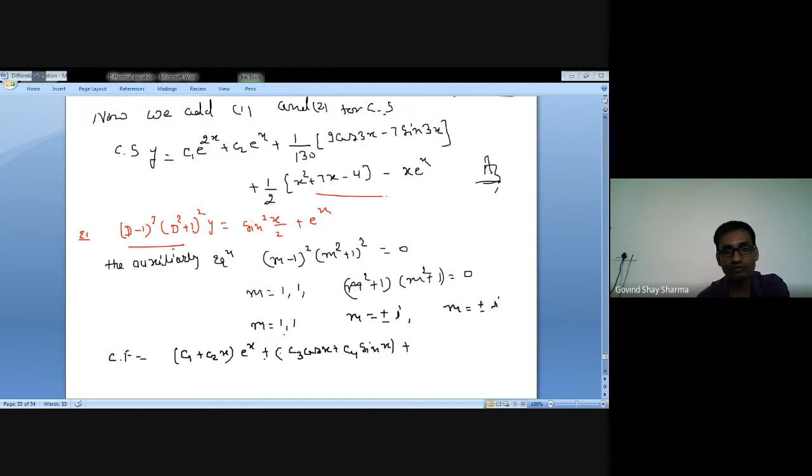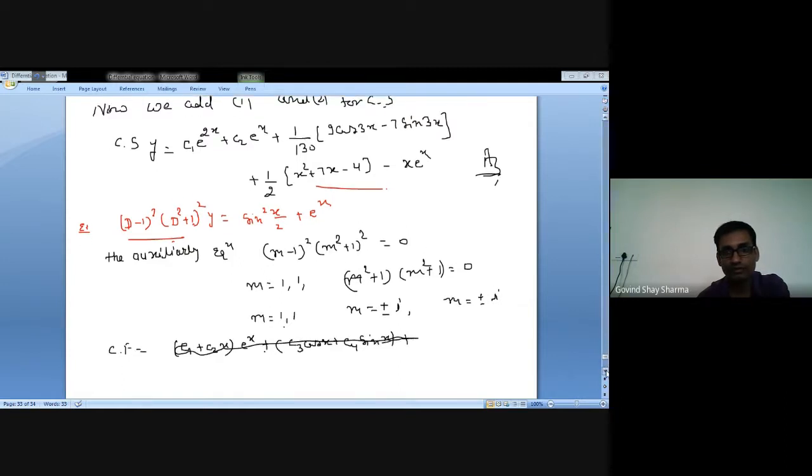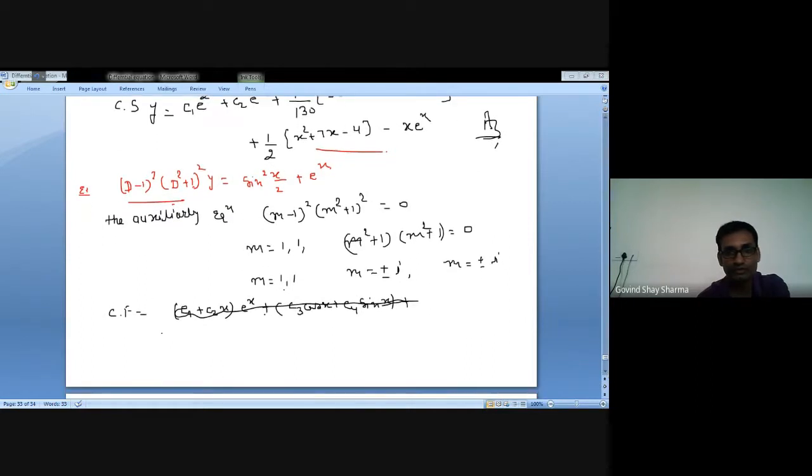Sorry, the same roots we get: C1 plus C2 x e to power x plus C3 plus C4 x cos x, and C5 plus C6 x sin x.